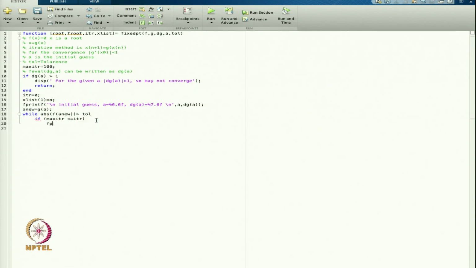So, I can write printf and display maximum number of iterations reached.